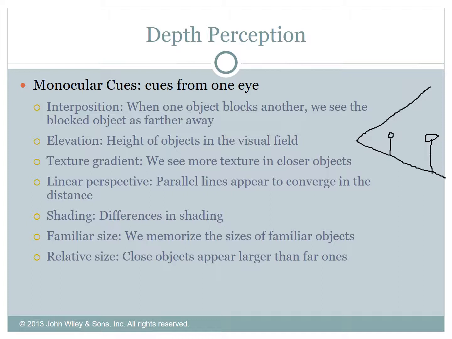This is actually linear perspective, and it simply describes that these parallel lines appear to converge in the distance. So the further away it is, the closer things appear to be. And again, this is because we have a cone-shaped visual field.